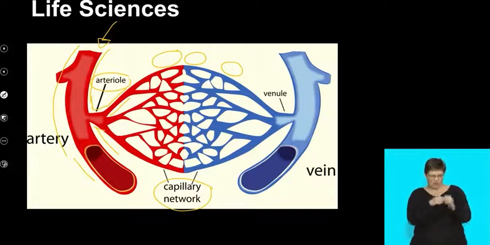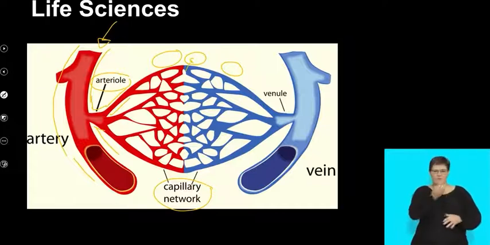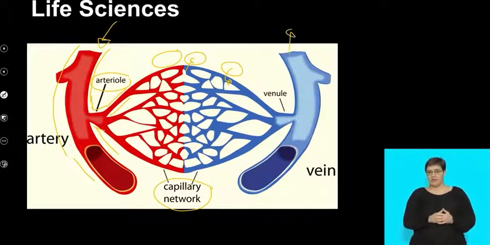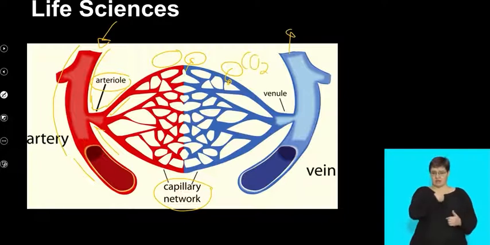So what happens is all the lovely oxygen and food gets deposited, and the carbon dioxide and the wastes come back. They now need to go back to the heart. Why? Because they're filled with carbon dioxide. So the capillaries, now from going from big to small, we're going to go from small to big.